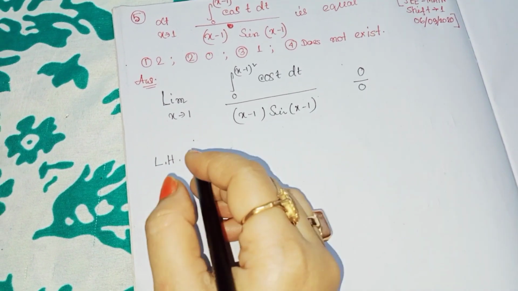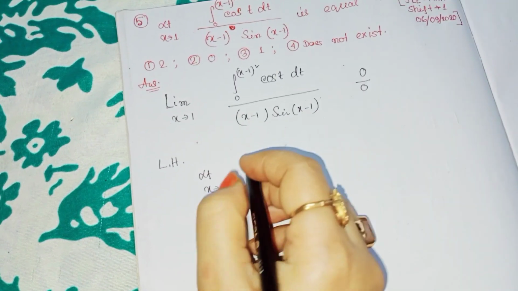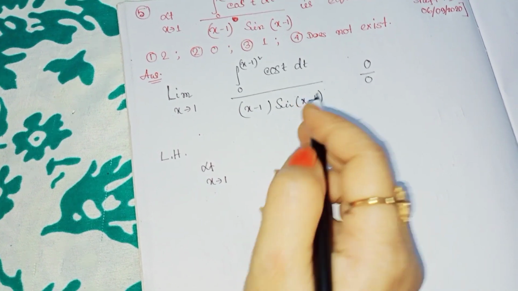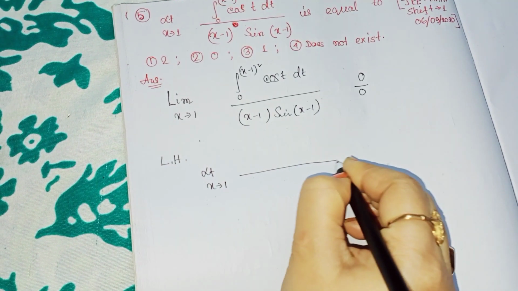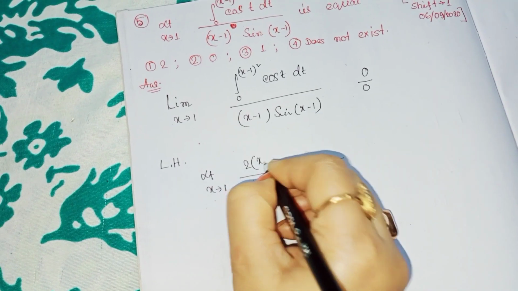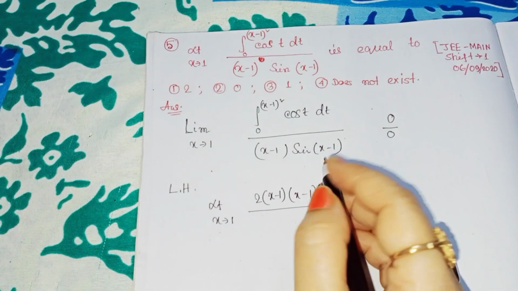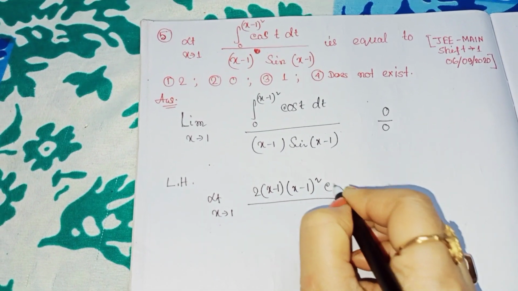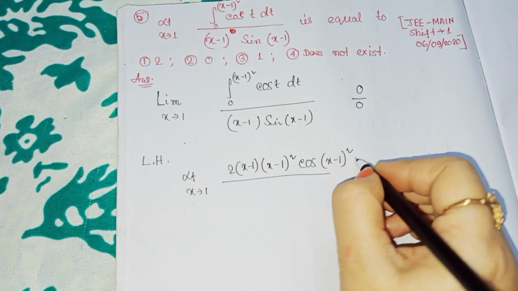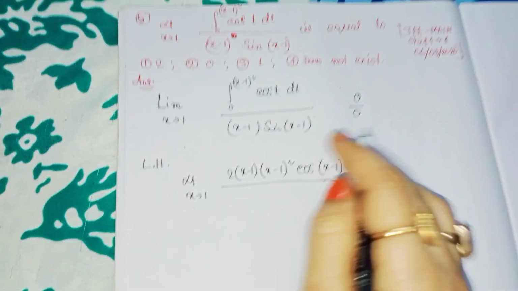The Leibniz theorem tells us that limit x tends to 1, we differentiate the upper limit minus the lower limit. Putting the upper limit value, it becomes 2 into (x minus 1) into cos of (x minus 1) whole square, and putting the lower limit it is 0, and then differentiate.